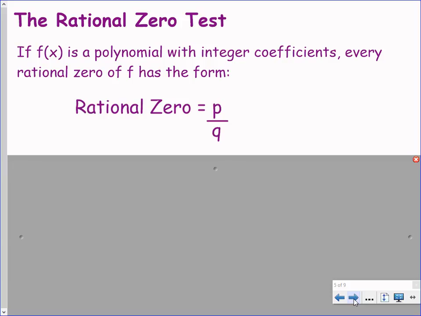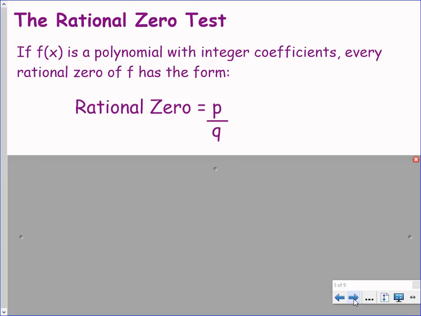This should sound very familiar from Algebra 2. In Algebra 2, it has a different name. It's called the rational root theorem. Roots, zeros, solutions, synonyms. There's so many different words for it, because in some cases they mean different things, but in a lot of cases they could be used interchangeably.